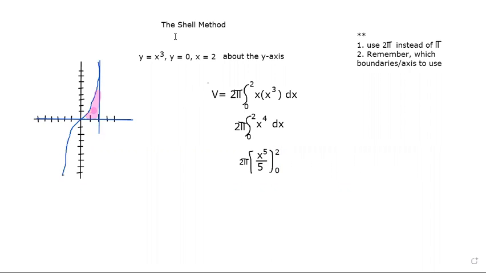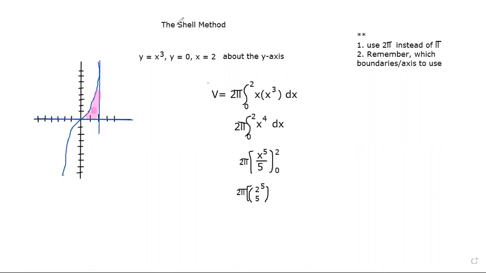Now, as we continue moving forward, this is going to be 2π, and now we have 2 to the 5th power over 5 minus 0 to the 5th power over 5.